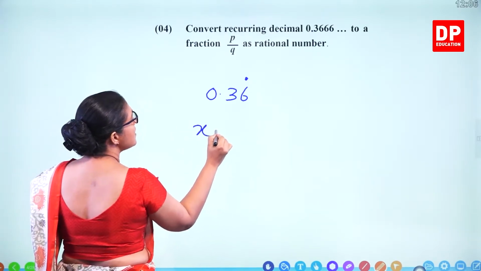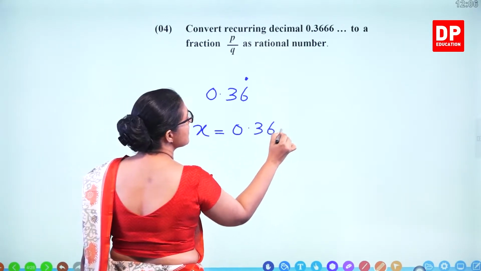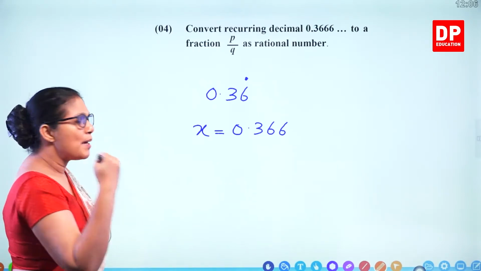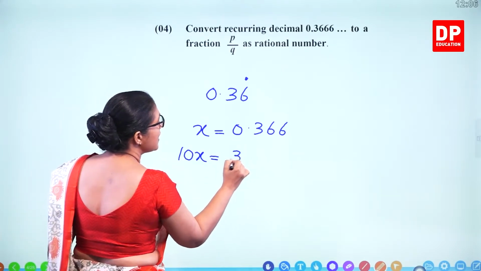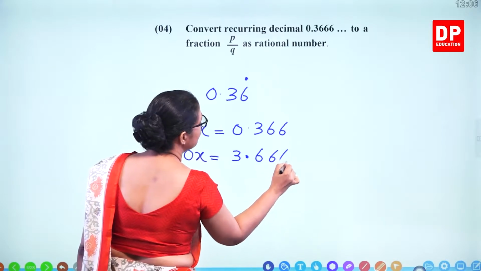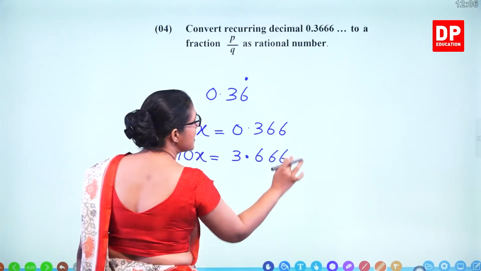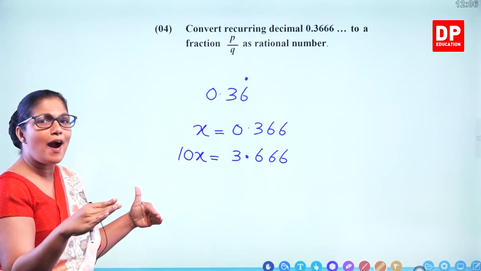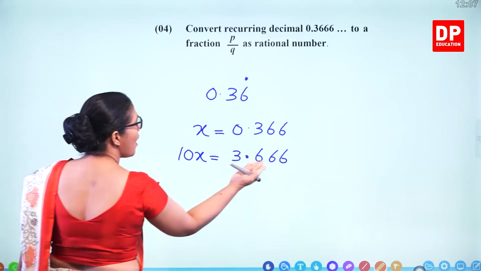We can write this as x equals 0.3666. Then we multiply by 10, and you get 3.666 like that. Till you get the decimal part, you multiply. Then when you subtract, the recurring decimal part gets cancelled out. That's the method.